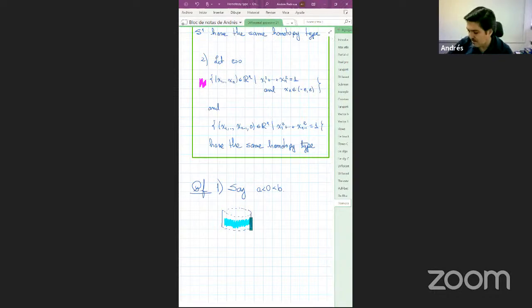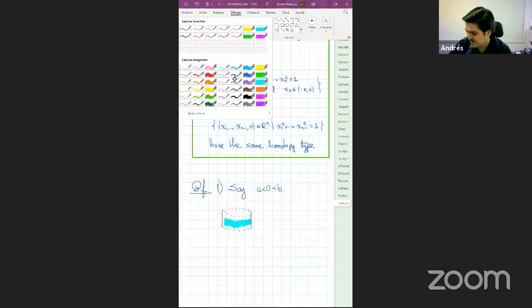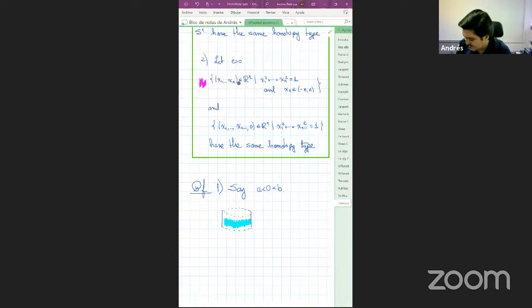And the circle, I would like to think of the circle in here. Let's say at height 0, you have height A, 0, and B.